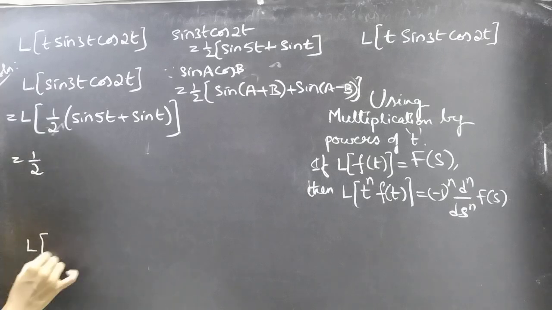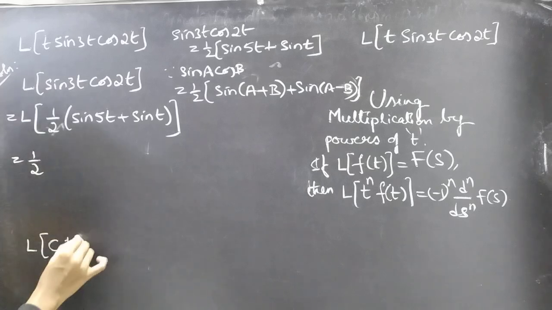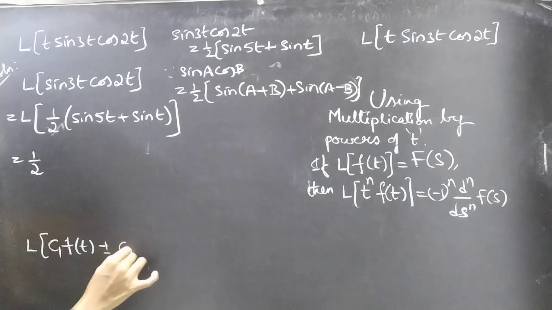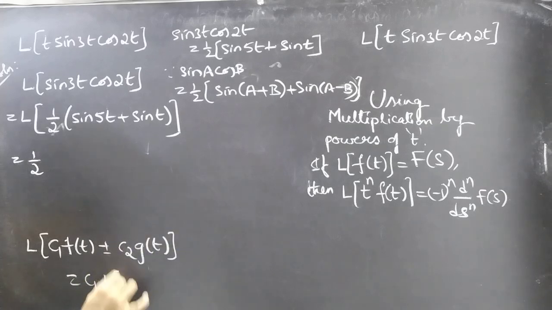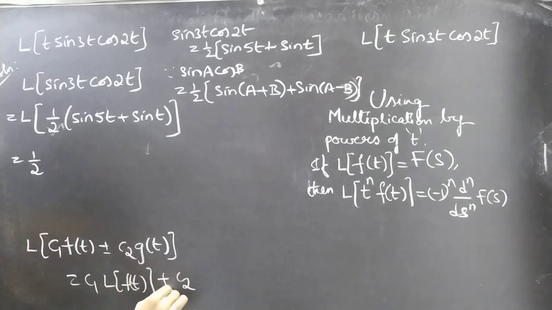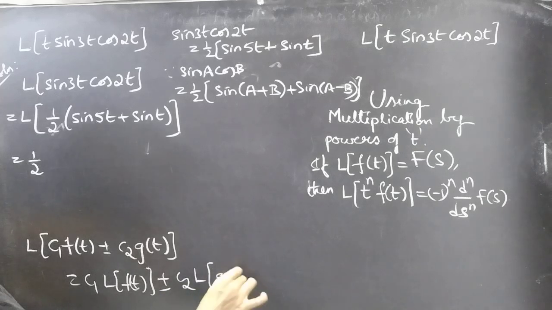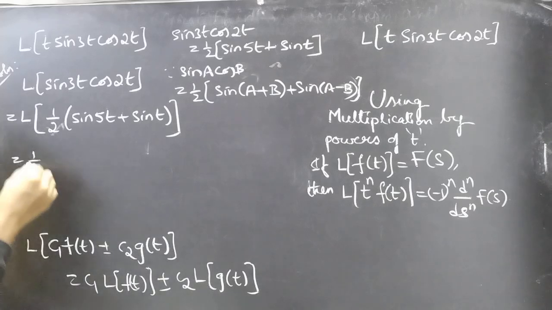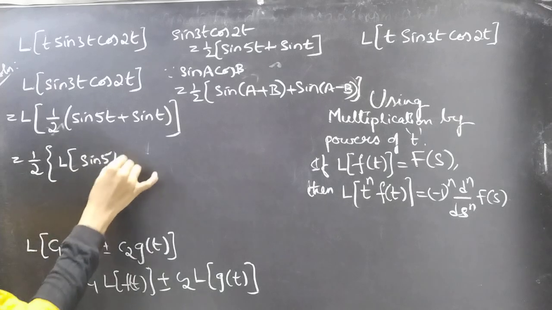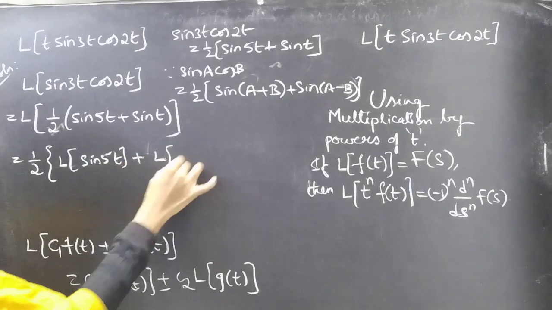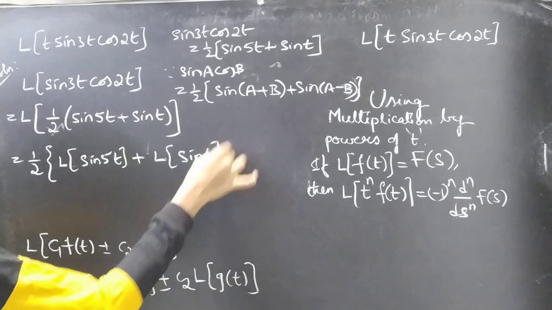The linearity property says that L of some constant into a function of t plus or minus another constant into another function of t equals the constant into L of f of t plus or minus another constant into L of the other function of t. We are going to just apply this formula here. We'll get 1 by 2 into L of sin 5t plus L of sin t.